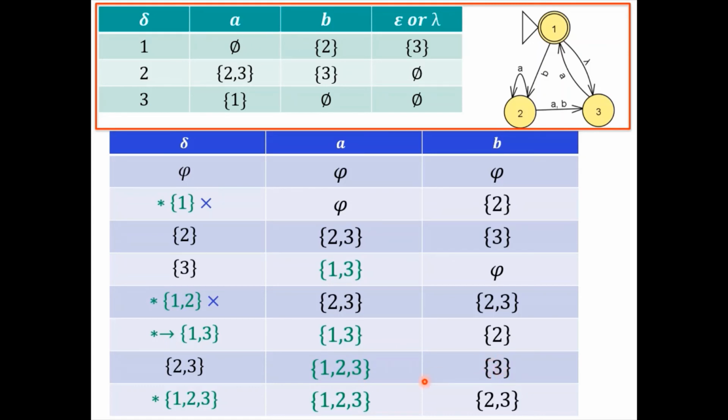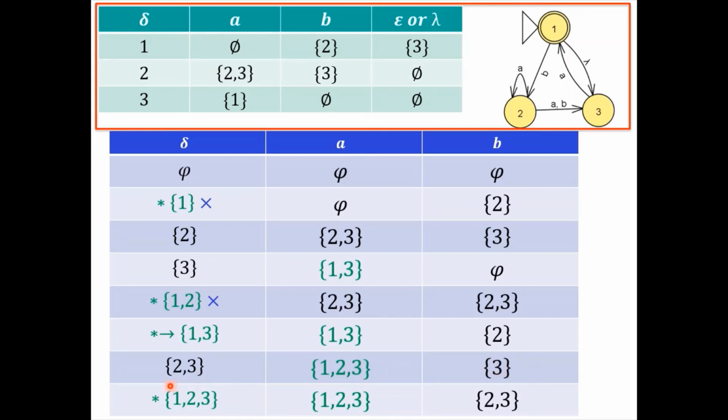Next, for input letter B at state 2, 3, we have to consult the NFA again. At state 2, on input letter B, there is a transition towards 3. And at state 3, on input letter B, there is no transition. So the result would be state 3.